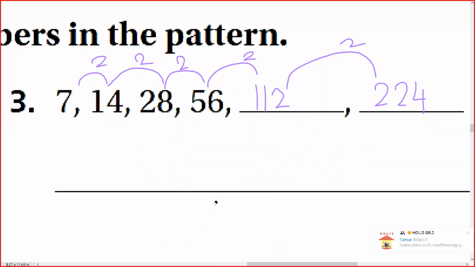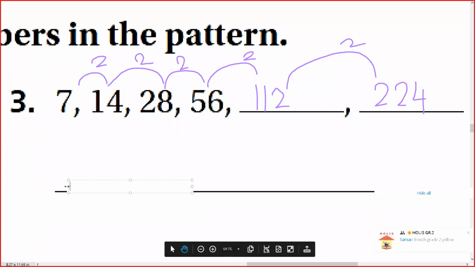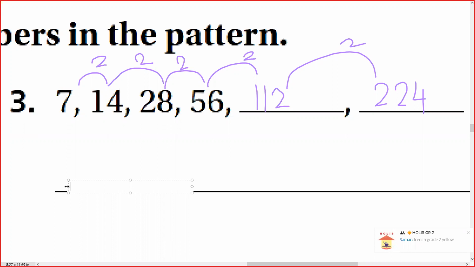Now, can you explain here? What did I do? Can you describe the pattern? Like here, you multiply the first term by 2 to get the next term.